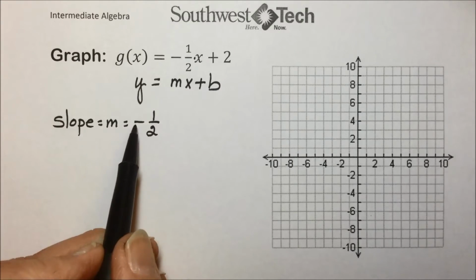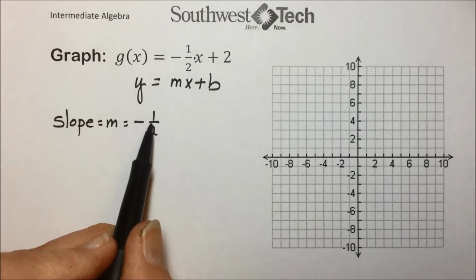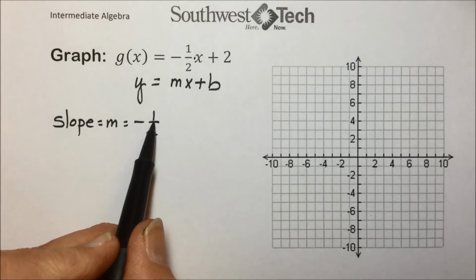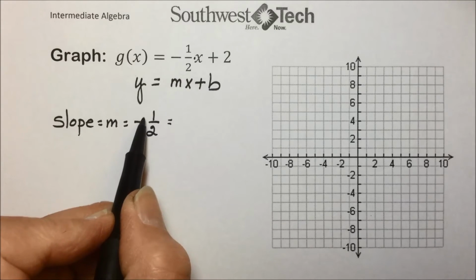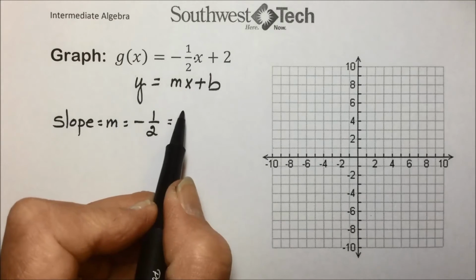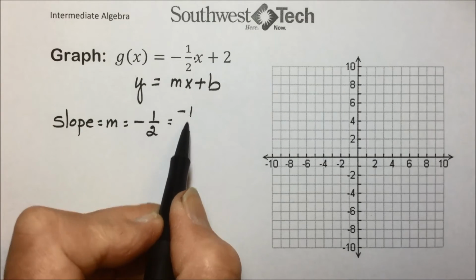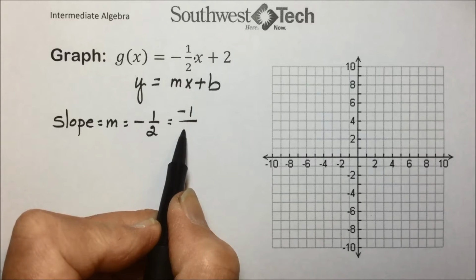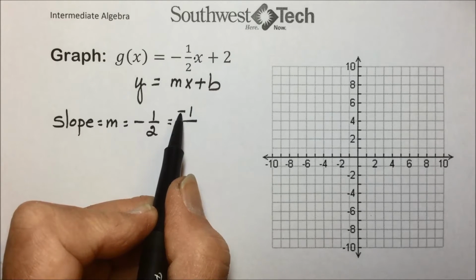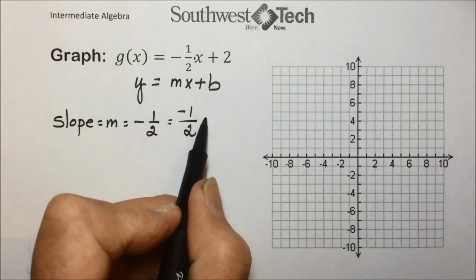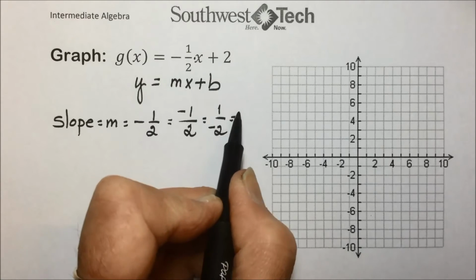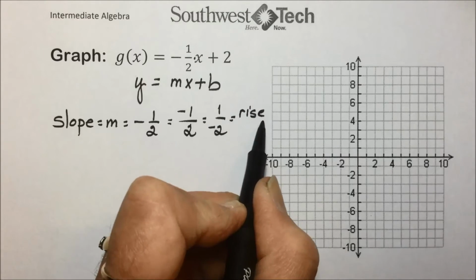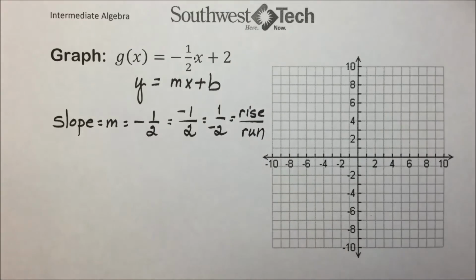And if you notice that negative is right even with the fraction bar, because we're going to be graphing that, it's telling us our slope is negative. We can either, from a practical standpoint, put an equivalent value of -1/2 or 1/-2 as a description of our rise over run.